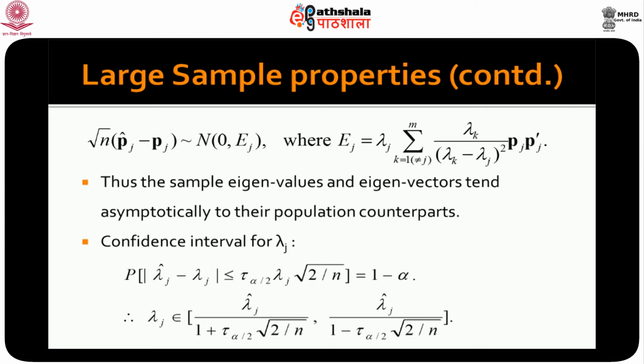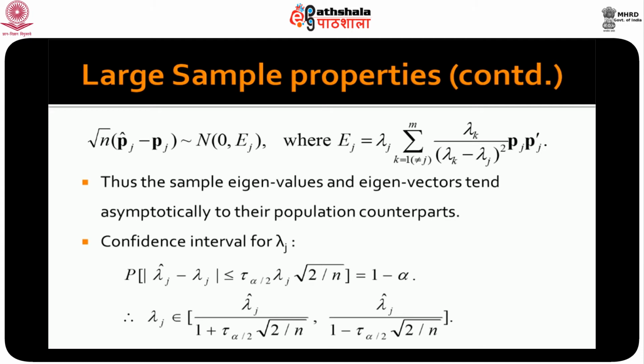It's given by lambda j times the summation over k equal to 1 to m, k not equal to j, of lambda k by (lambda k minus lambda j) square into pk pk prime. And more importantly, the lambda j hats are distributed independently of the elements of pj hat. So lambda j hats and pj hats are independent asymptotically.